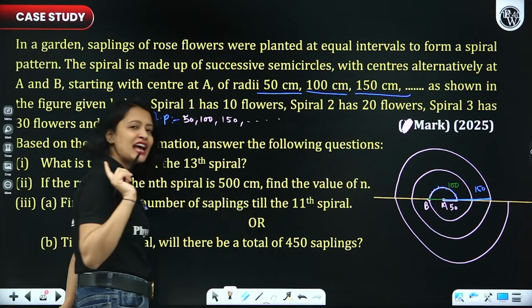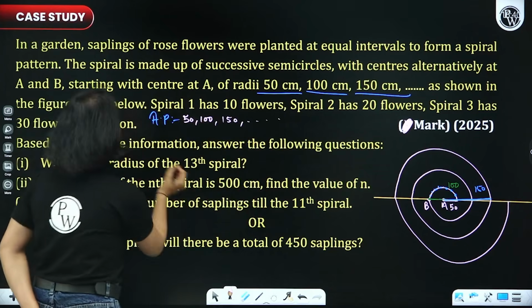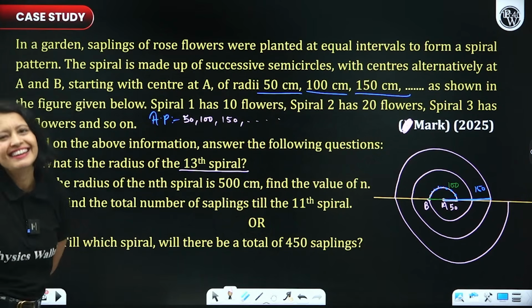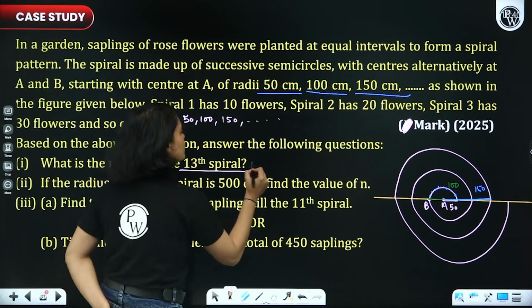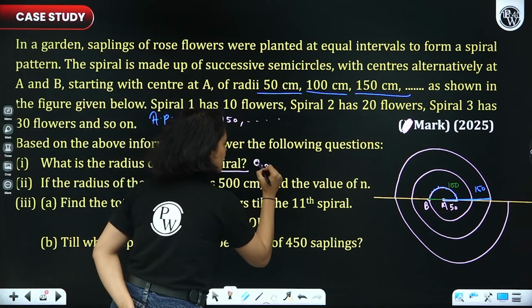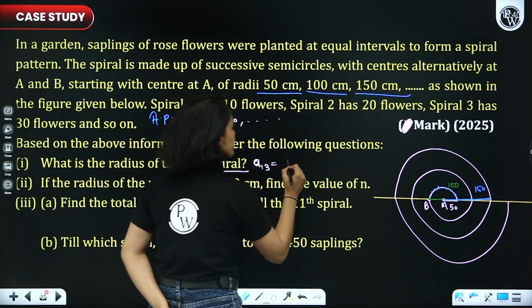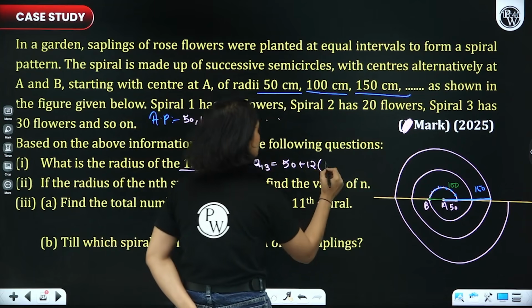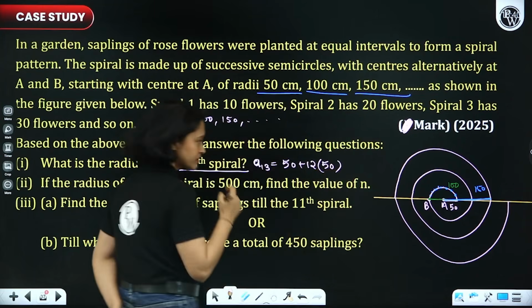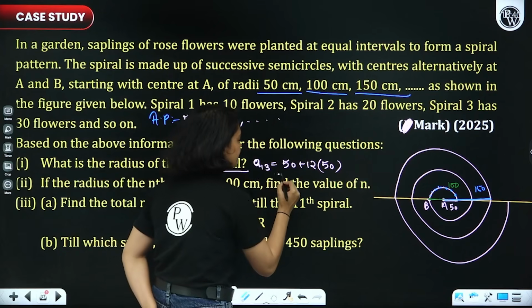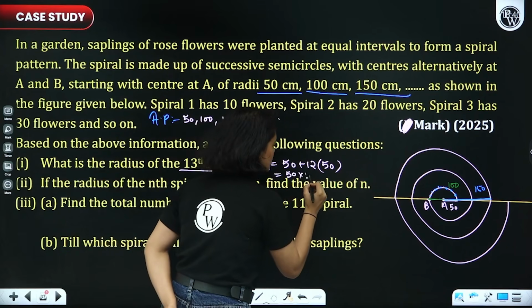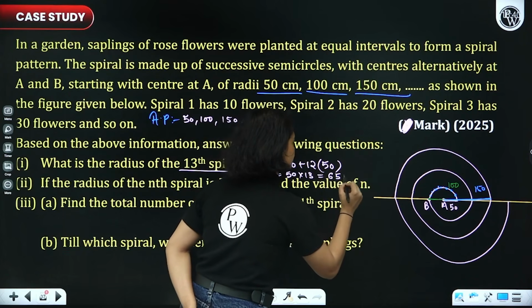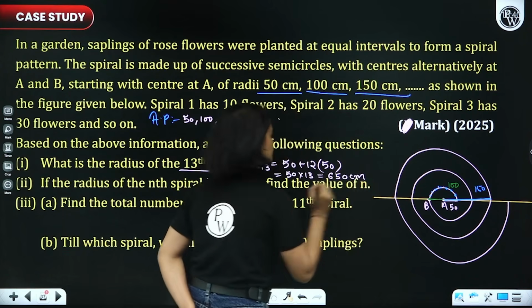So we just have to figure out A13. It would be 50 plus 12d. Can you see that d itself is 50? So 50 into 13, which equals 650 centimeters.